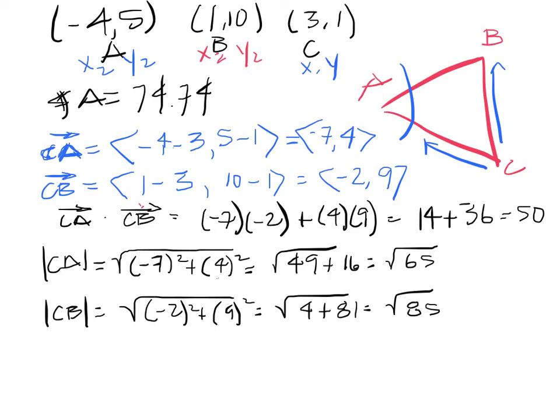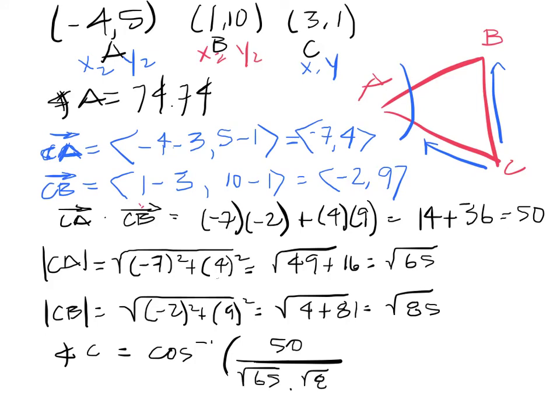Now I plug this into the equation to find angle C. It's the inverse cosine of 50, the dot product of the two vectors, over the magnitude of CA times the magnitude of CB, the square root of 65 times the square root of 85.